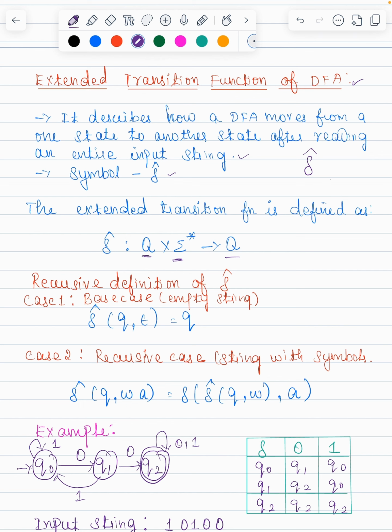Generally delta works only for one input symbol, while real inputs are strings of symbols.